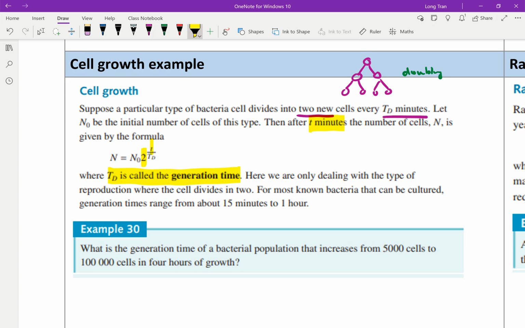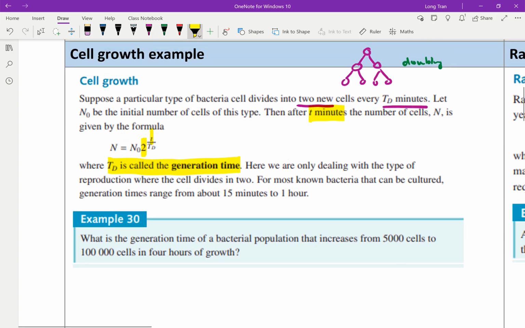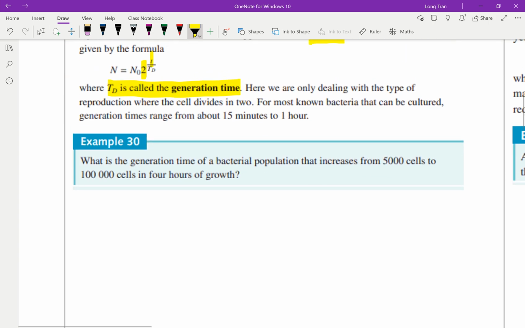For the most known bacteria that can be cultured, generation times range from 15 minutes to 1 hour. In our example here, they want you to find TD, the generation time, of a bacterial population that increases from 5,000 cells to 100,000 cells, your final N, in 4 hours.